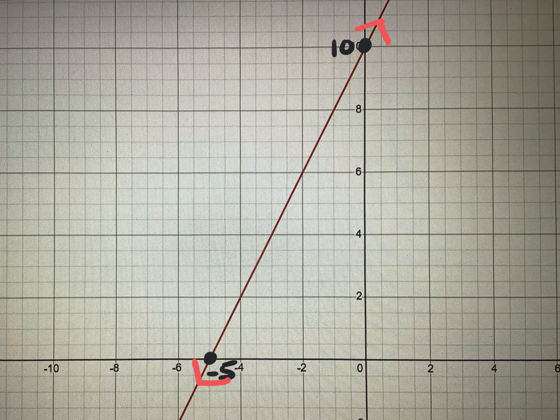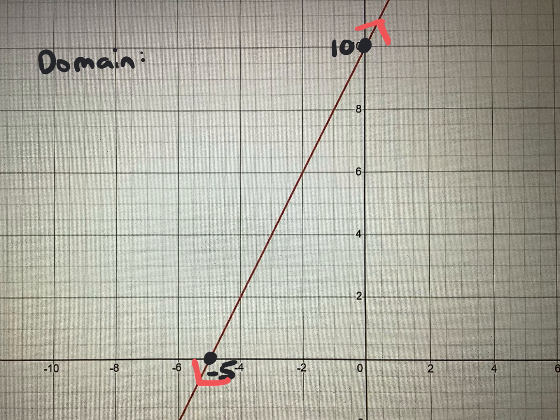Okay, so starting off with domain, go ahead and use your notes, what values are we looking at for domain? X values, right? We're working with x values. So we're looking side to side. So on this line, what is my smallest x value? Do I have a smallest x value?